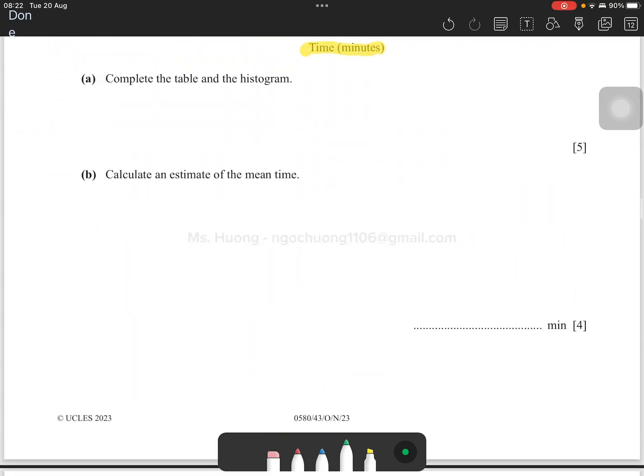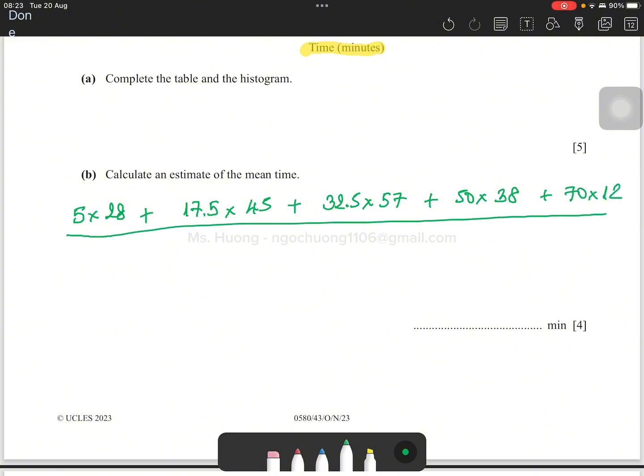So let's write it. 5 times 28 plus 17.5 times 45 plus 32.5 times 57 plus 50 times 38 plus 70 times 12. Then we divide this by the total frequency.